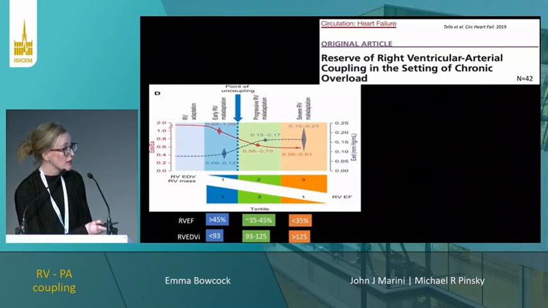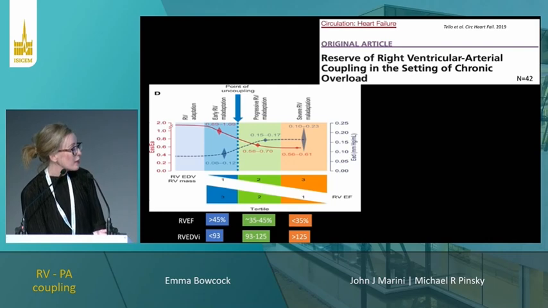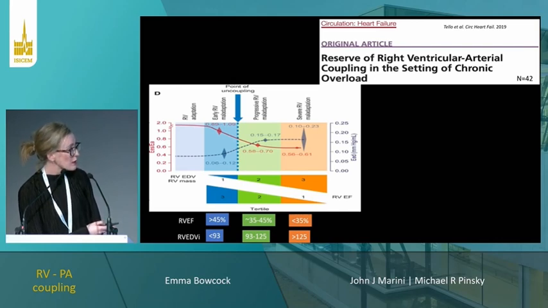I'll just finish in the last 10 seconds, if I may, Professor Pinsky, by saying that these roadmaps have been looked at in chronic pulmonary hypertension by Tello, and they show that the RV has pretty good reserve until these coupling metrics, which is this line here, drop below about 0.8.